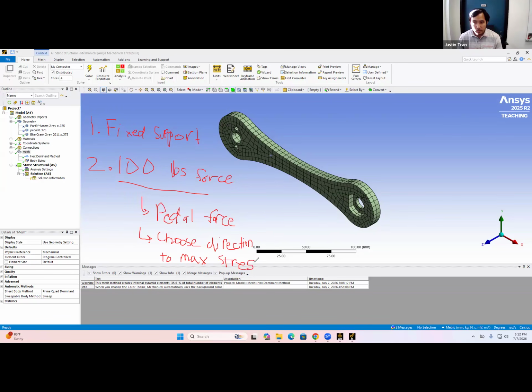Go ahead, Chris. Are you asking, or were you just telling us to take it under consideration? I didn't hear that part. Yeah, you're going to be choosing the location and the direction for this force, but these are the hints I'm giving you to determine where to apply it as well as the direction. We know the magnitude has to be 100 pounds, but depending on the direction you apply the force, it's going to cause a different amount of stress.